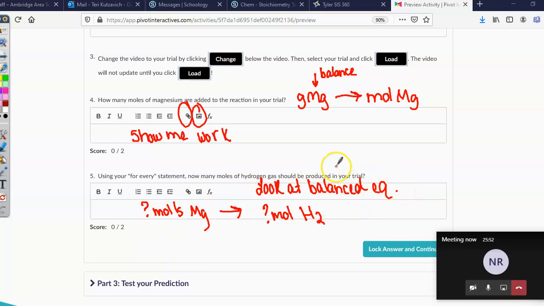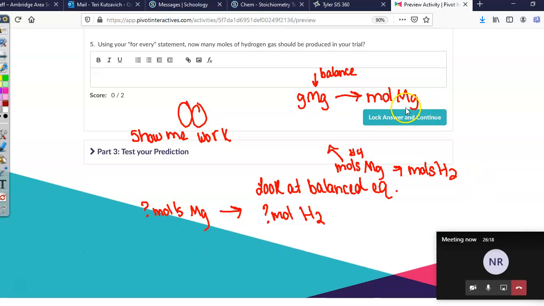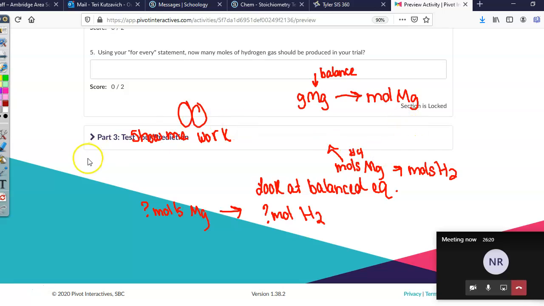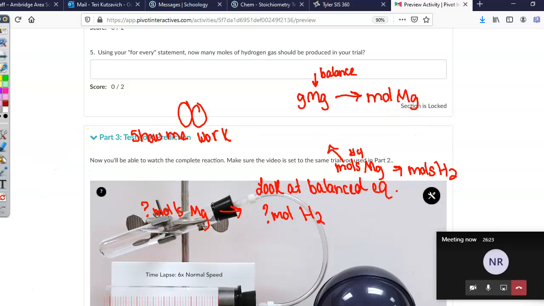So this right here is just moles of magnesium to moles of hydrogen gas. And this right here is from your number 4 above. Okay? So it's just a mole to mole problem. Really easy. Really, really easy. Don't make this difficult. So then again, like you always have to do, you have to lock an answer. And then you go to part 3.